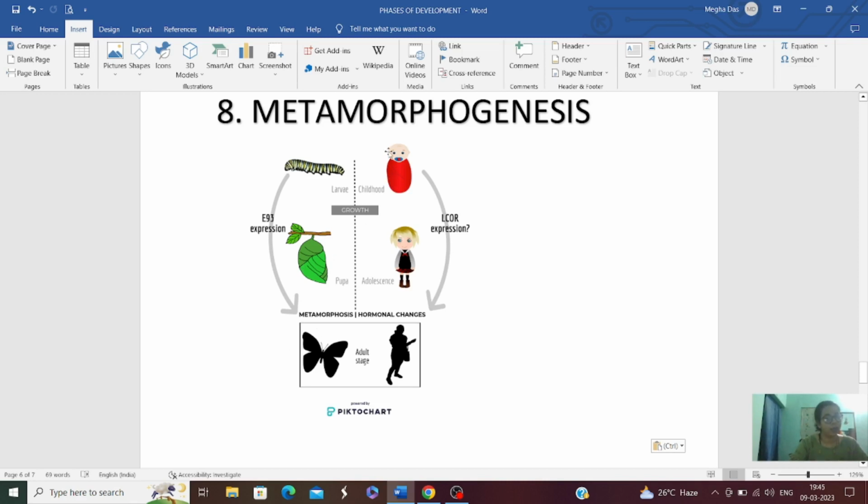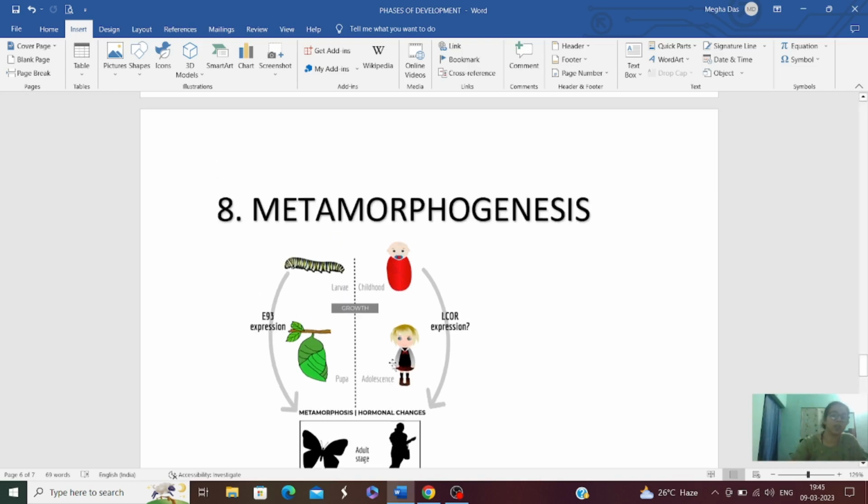Similarly, in humans also, first is the baby, then adolescence, or you can say puberty stage, and then finally the adult stage. The development from the larval stage into the adult stage is known as metamorphosis, and it is the final and last step of the embryonic development.